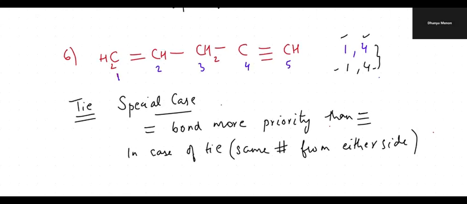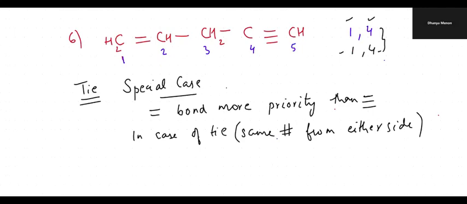So what is our name here? Please remember, students, this is a tie. This is a special case. Please remember this only in case of a tie. Otherwise both double and triple bond have equal priority. Both are equally important.